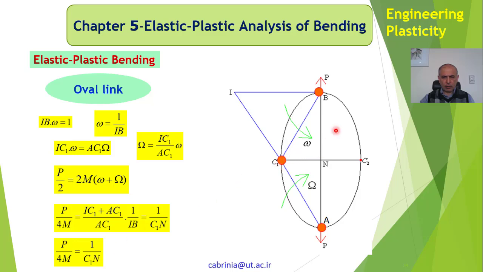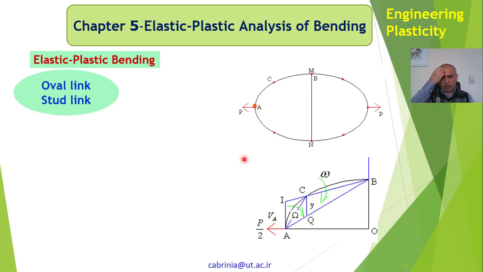Clearly, if I have this link, I have this distance, and depending on the material used for this link, we could have the maximum plastic bending moment, and so that maximum plastic bending moment times that divided by that is equal to P, which is the maximum load.